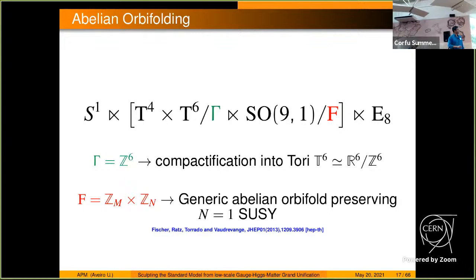And as shown here by Ratz et al., you have this type of generic abelian orbifolds that preserve one supersymmetry with two Z's, and you can do this consistently. So what do we choose then for this Zm and Zn?